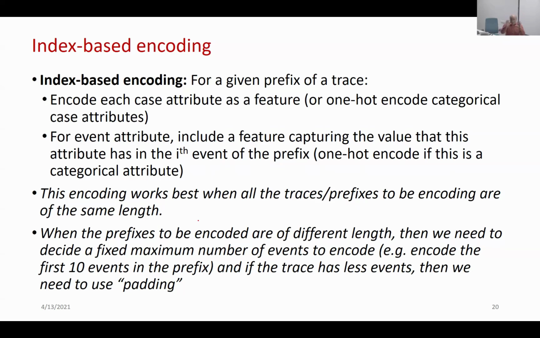And I might want to stop at around prefix 10. If my event log contains very long traces, of lengths 100, 200, then possibly I'm not going to use index-based encoding because it will give me too many columns in the feature vector, and too many columns tends to kill most machine learning techniques out there.